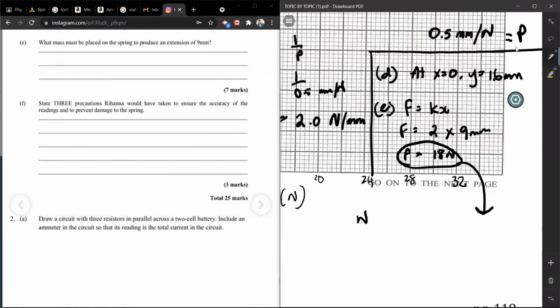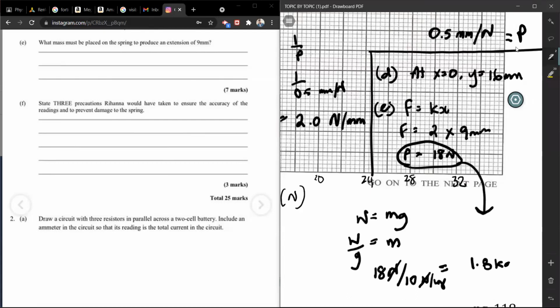Weight is mass times gravity, so mass is equal to weight divided by gravity, which is 18 newtons divided by 10 Newton per kilogram, which is equal to 1.8 kg.